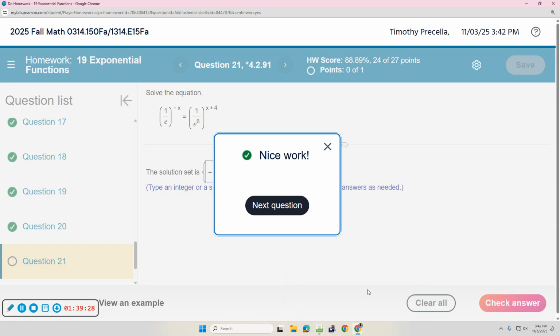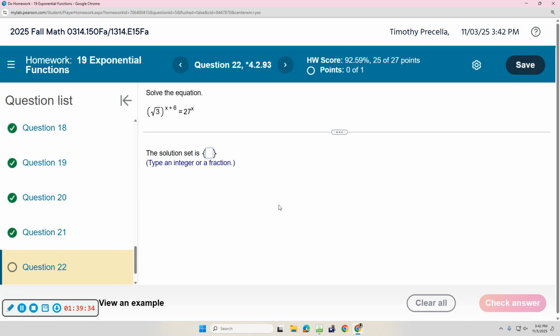Okay, the last two problems. Number 22. Write this down. Number 22. That's not distributed fraction. Remember, you multiply both sides.